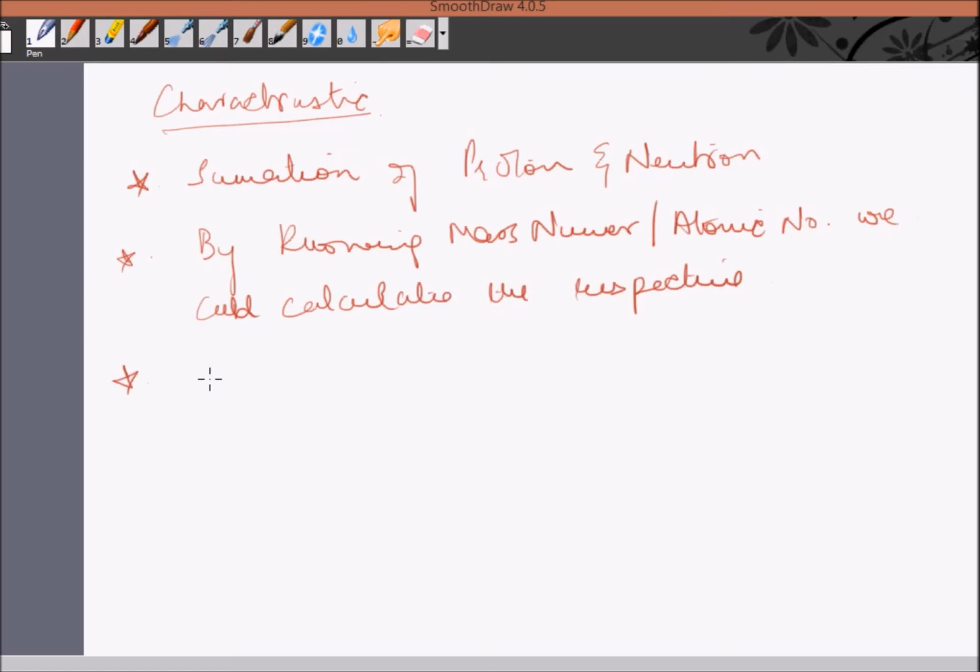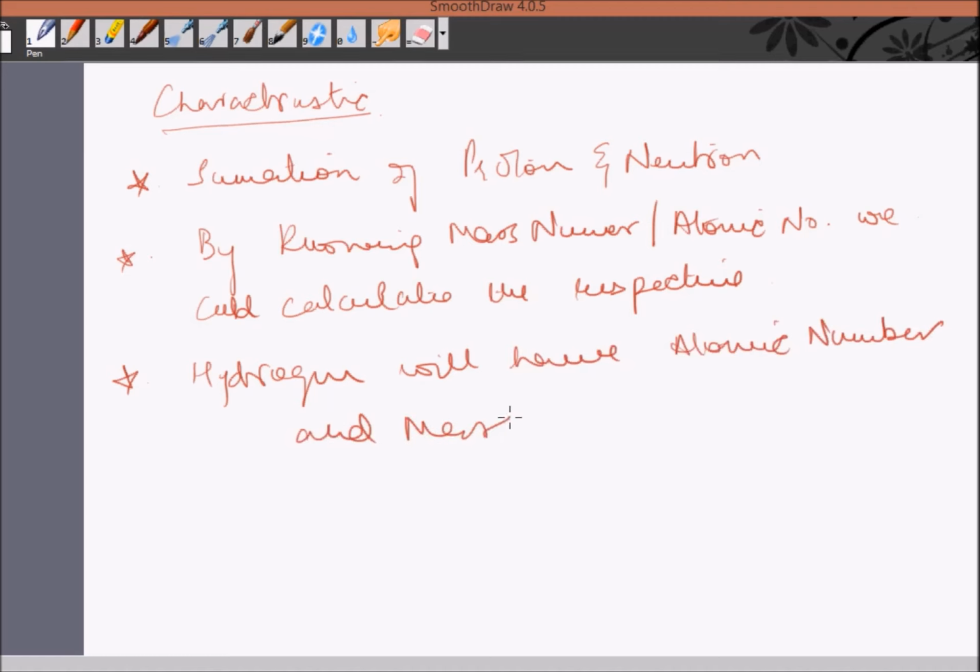Third, hydrogen will have the atomic number and the mass number the same, right?